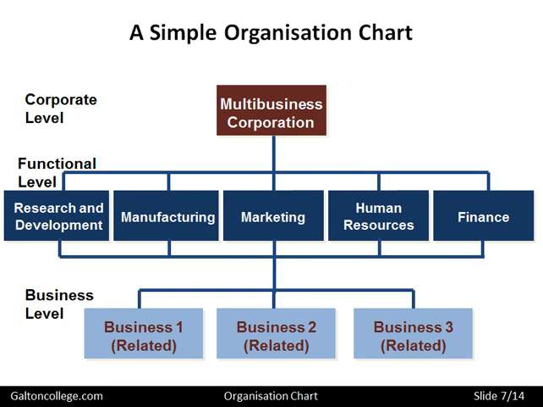And there may be other functional classifications here that I haven't listed. There may be others depending on the nature of the business. So this organizational chart has at the top a multi-business corporation. It has various functional businesses, and these feed into, in this case, 3 businesses.